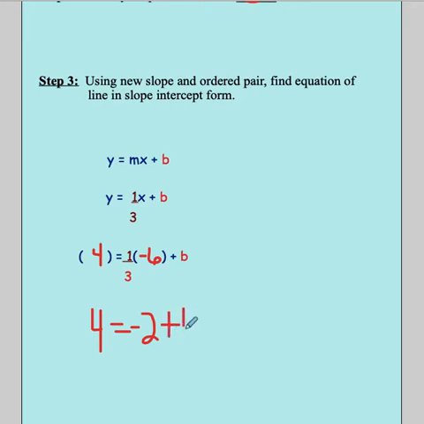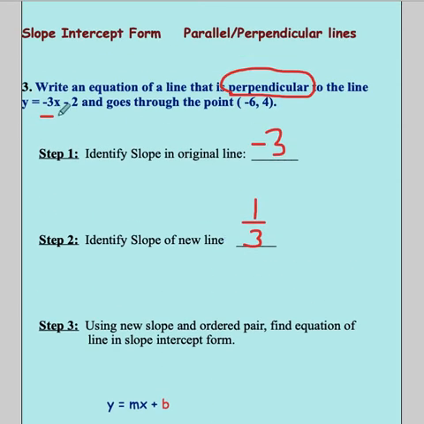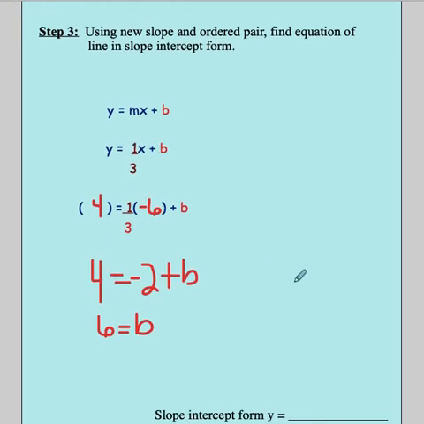I add 2 to both sides, and I get a y-intercept of 6. So what's my equation? My equation does not have a negative 3 in it because it's perpendicular. So it's 1/3 x, and my y-intercept is 6.